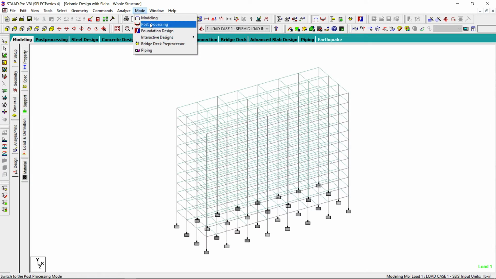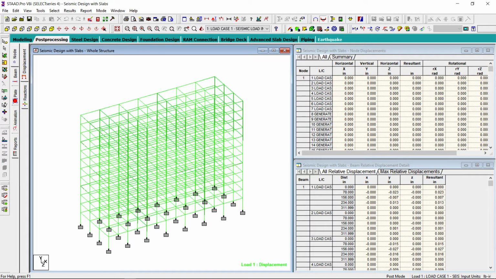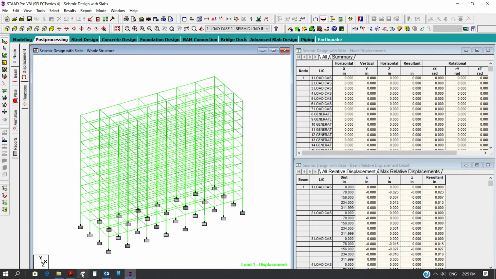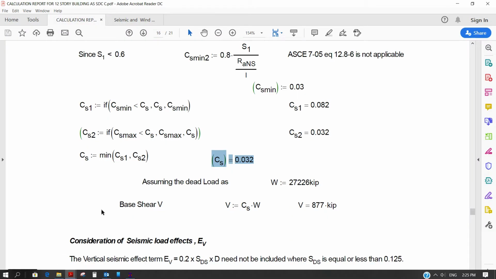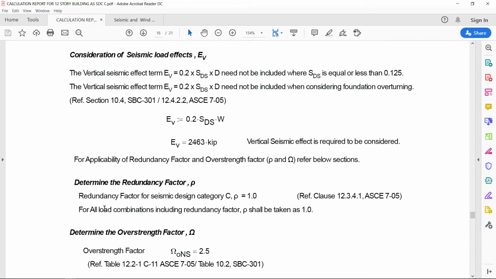Let us go to post-processing mode. Let's see what else was required here. As you know, when you are designing for seismic category C structures, you have to consider the vertical effect also.